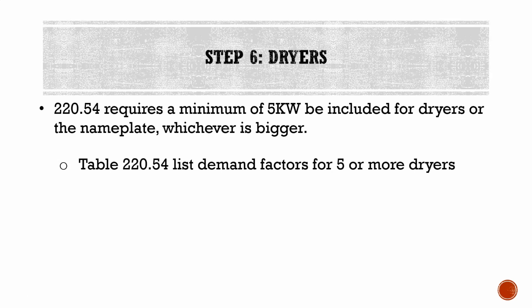And it's worth noting that table 220.54 lists the demand factors for 5 or more dryers. And the reason I say 5 or more here is because if you only have 1 to 4 dryers, you're still going to be rating each of them at 100%. It's only once we hit 5 dryers in one dwelling that we can apply a demand factor to those.